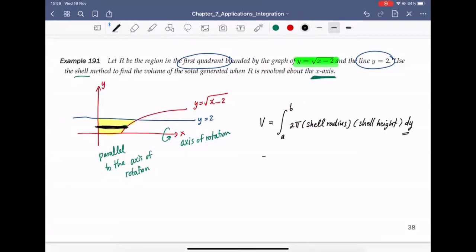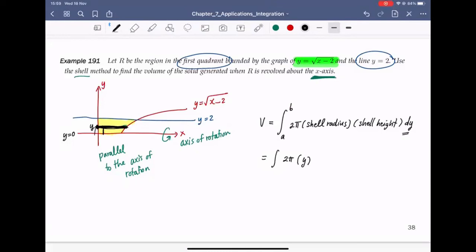So what is going to be your shell radius and shell height here? At this point, this is y, right? The axis of rotation is y equals 0. So the difference between the axis of rotation and your fixed value y is going to be your radius, which is y.